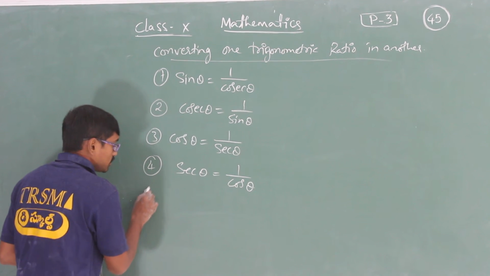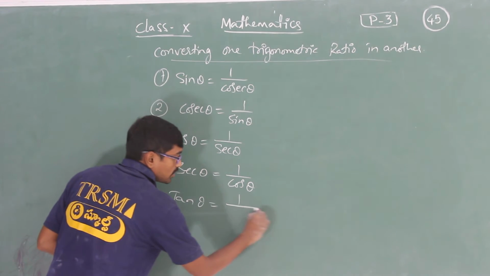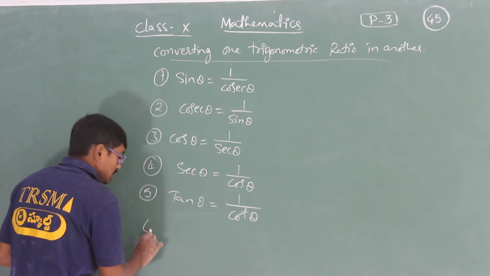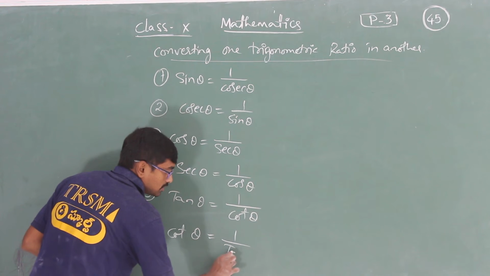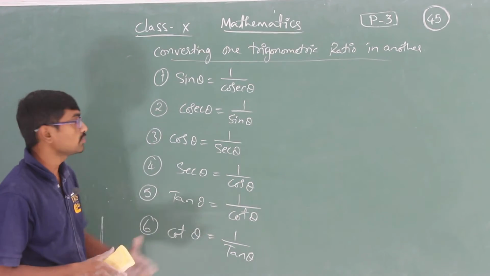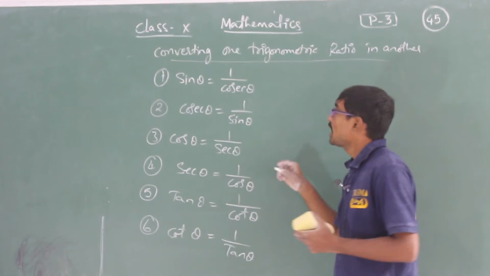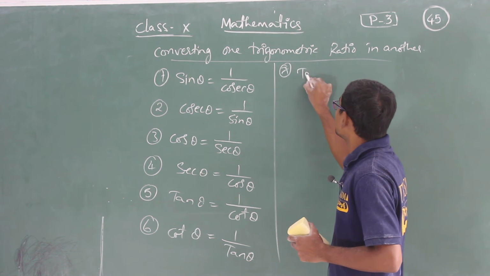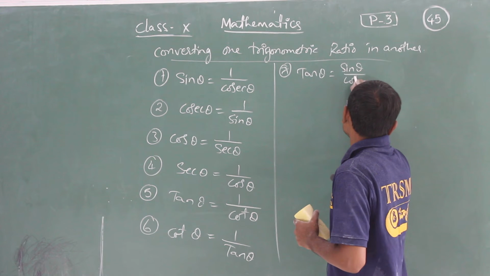Okay, similarly coming to fifth one, tan theta, tan can be written as 1 by cot theta. They both are reciprocal to each other. Similarly cot theta can be written as 1 by tan theta. Why? Cot and tan, they both are reciprocal to each other. Now similarly if I convert tan in terms of sine and cos, I can write it as, okay, tan theta is equal to sine theta divided by cos theta.